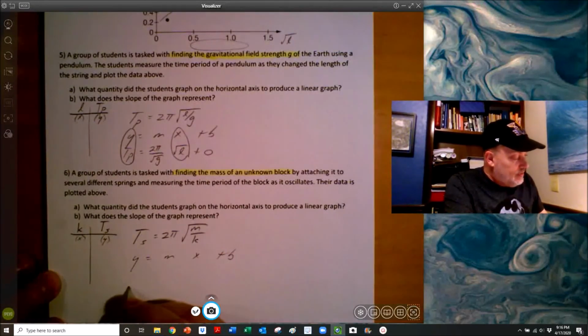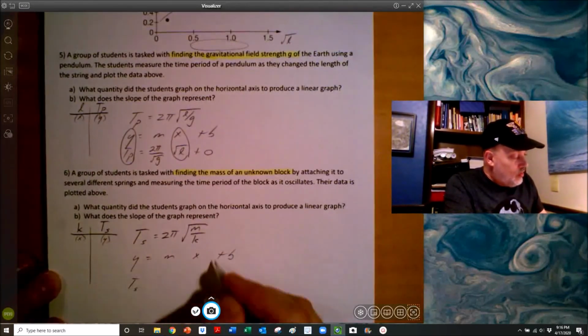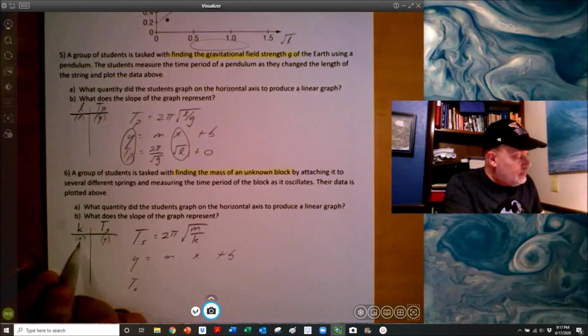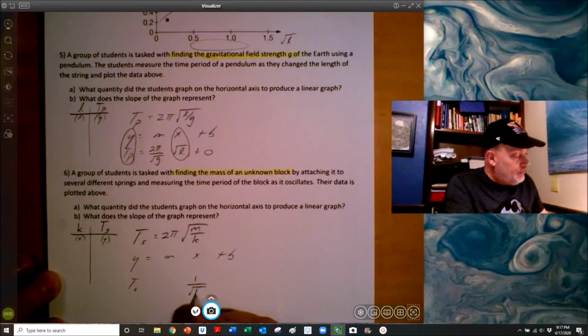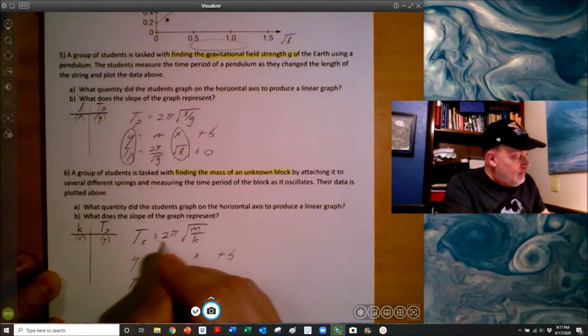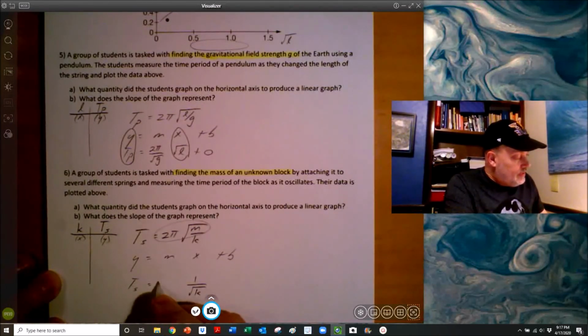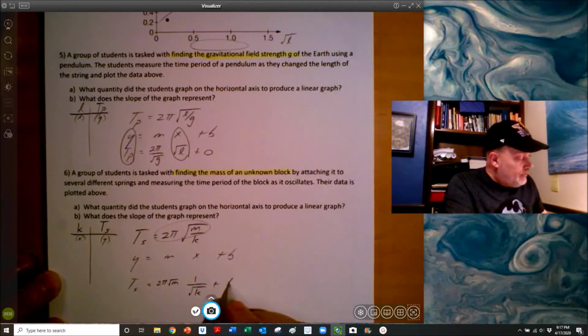The time period goes on our y-axis. Our spring constant goes on our x-axis, but that's in the denominator. That's 1 over the square root of k. And then everything else goes here: 2 pi times the square root of m, plus b.